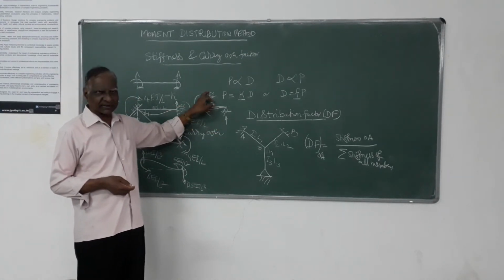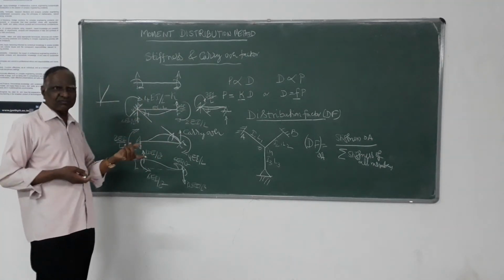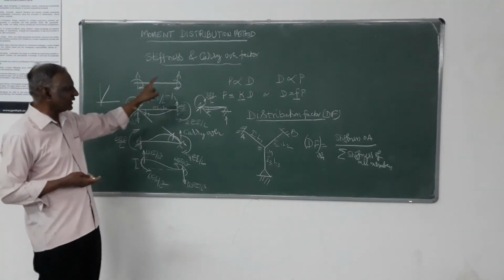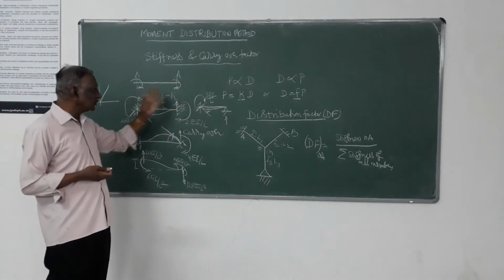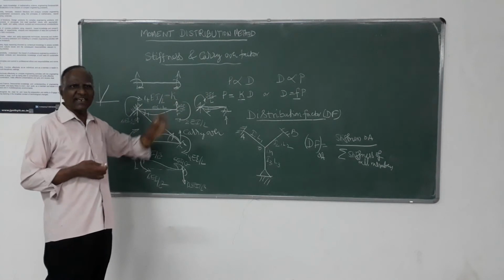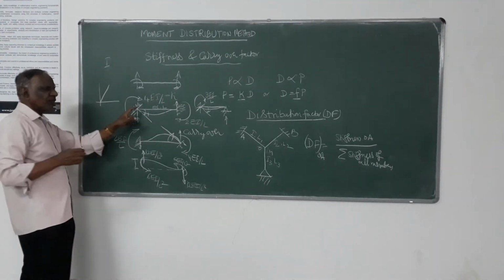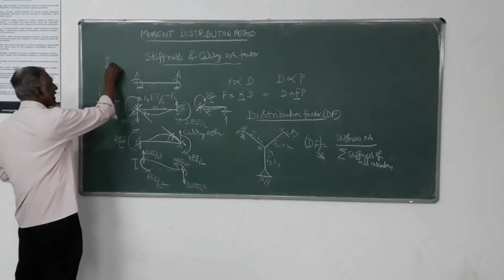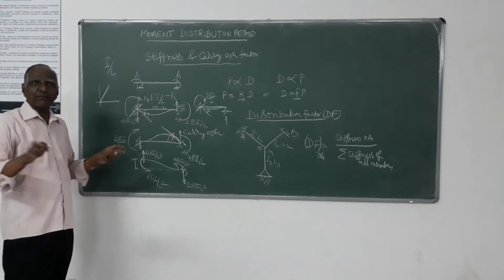This is another factor. One more thing, we call it relative stiffness. Here it is 4EI by L, here it is 3EI by L. Instead of using this 4, 3, E and all, we simply define the stiffness of this particular case as I by L, the ratio between moment of inertia divided by length.